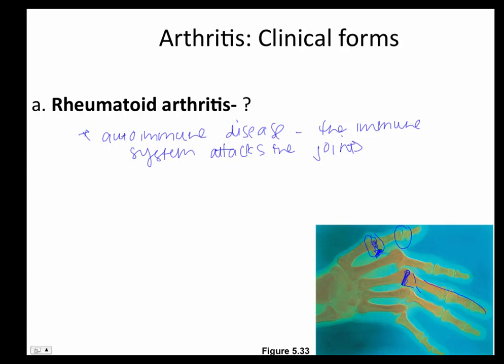I remember one time one student said, well, why don't you just cut out the synovial membranes, which are the connective tissues that give rise to all the synovial fluid? Well, really we can't do that, right? Because the synovial membranes are going to continue to regenerate all that synovial fluid. However, there is some research now on stem cells.